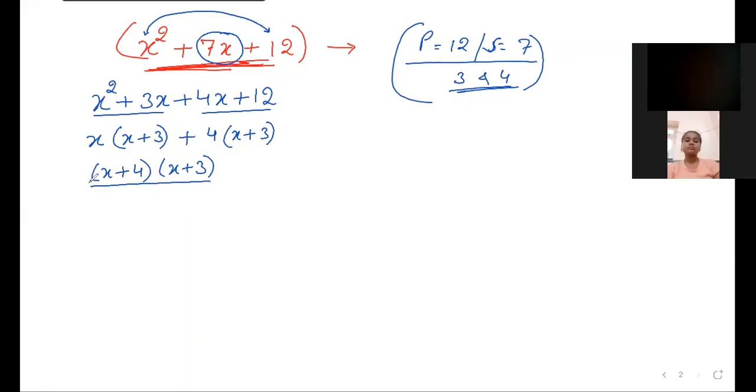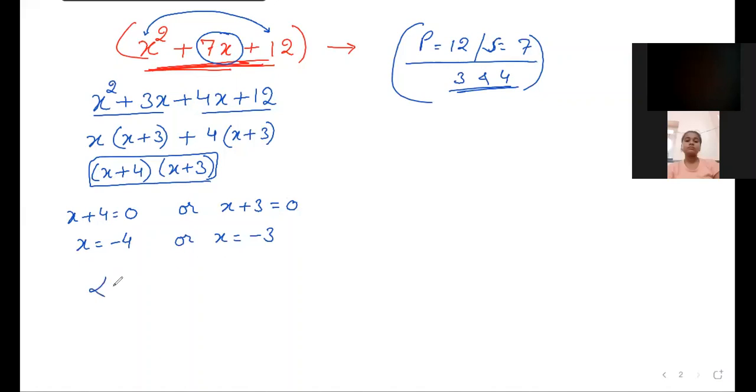And having these two factors here, what are the zeros now? x plus 4 equals 0 or x plus 3 equals 0. So x equals minus 4 or x equals minus 3.